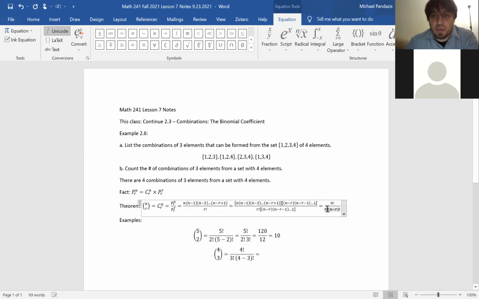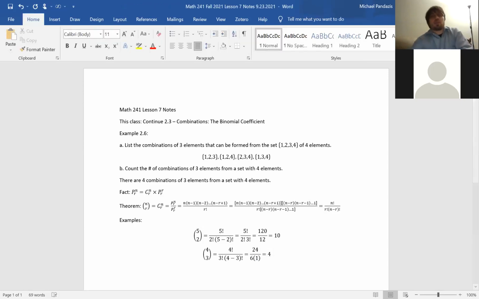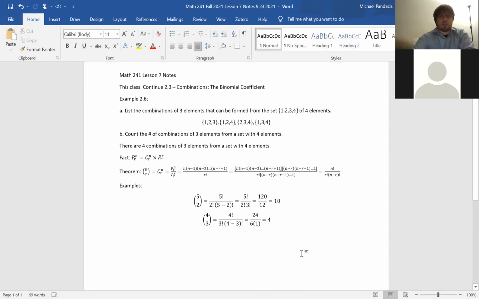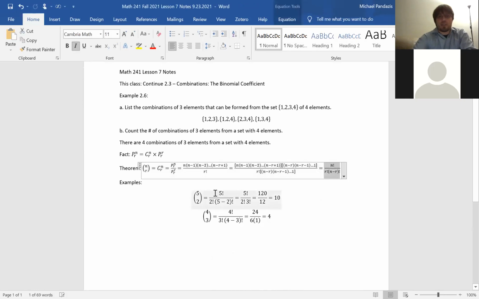And so then this is equal to 4 factorial, which is 24, 4 times 3 times 2 times 1. 3 factorial is 6. And 4 minus 3 factorial is 1 factorial, which is 1. So 24 divided by 6 is 4. And so 4C3, 4 choose 3, is 4. Okay, so those are 2 examples of using this formula to calculate NCR for values of N and R. And remember, R is at most N.